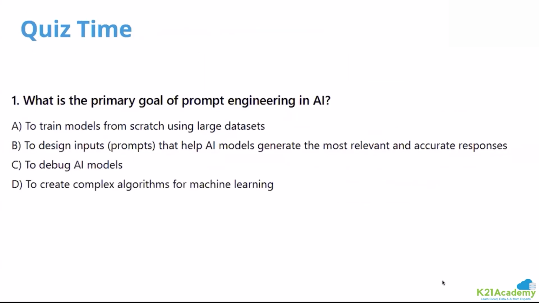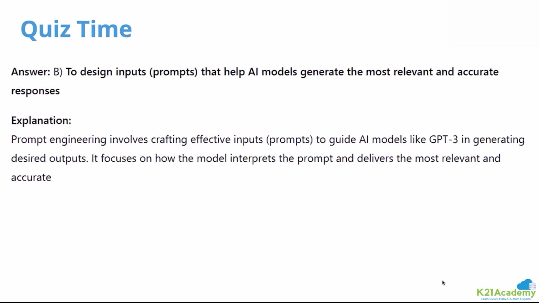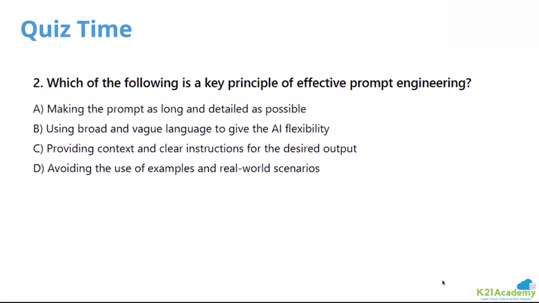Let's look at some quiz. What is the primary goal of prompt engineering in AI? Now, you can go by the rule of thumb. The answer will be, this is on the lighter side. Hopefully, we will work on it from the next quiz onwards, that the answer is not B. Okay, which of the following is a key principle?